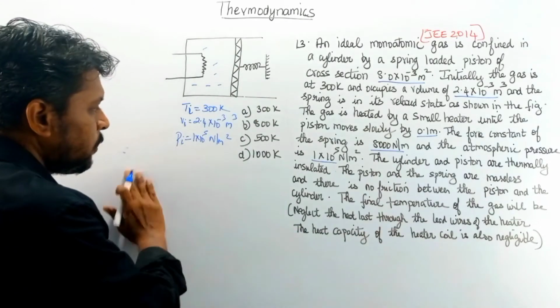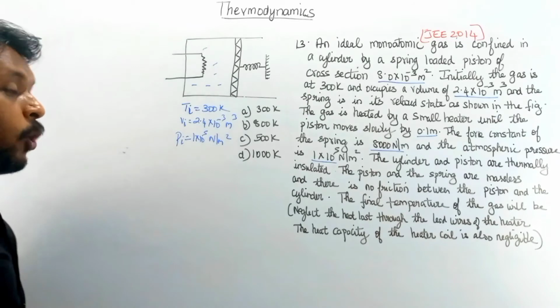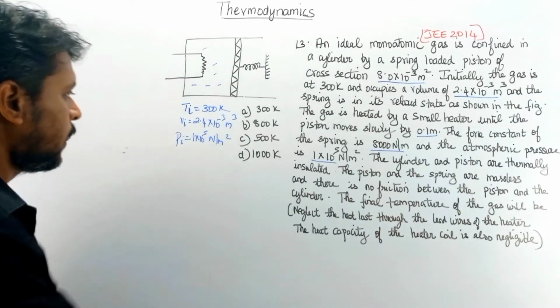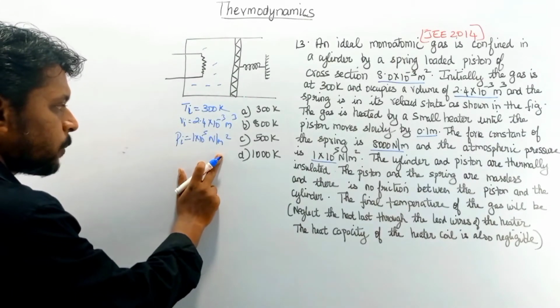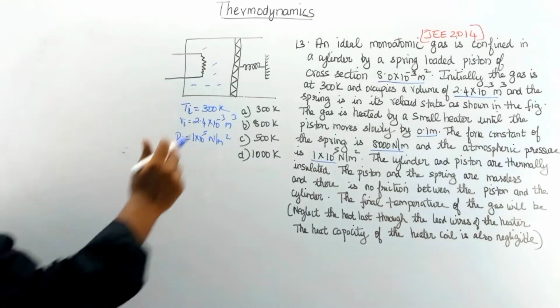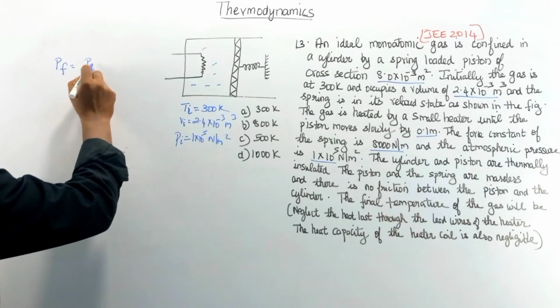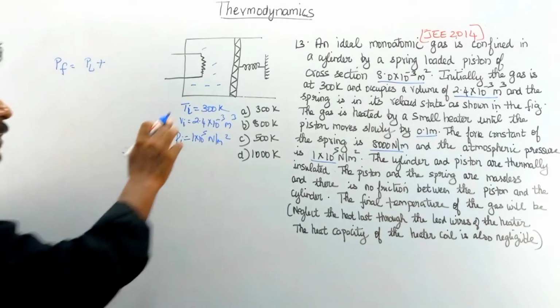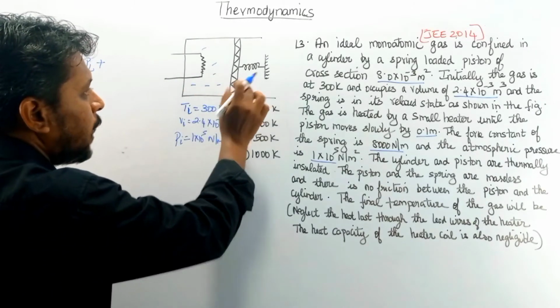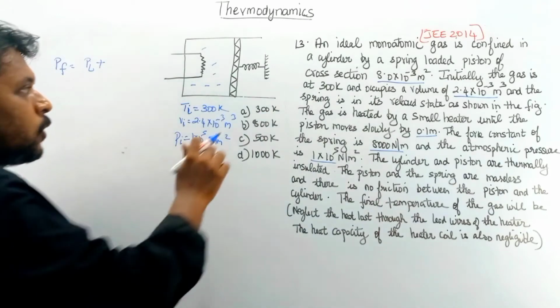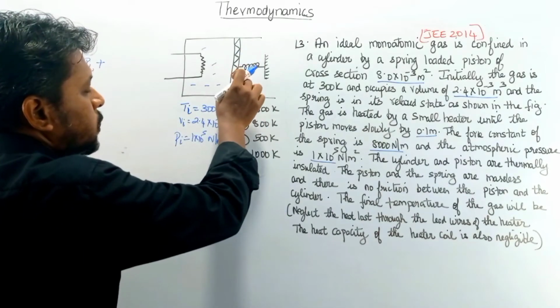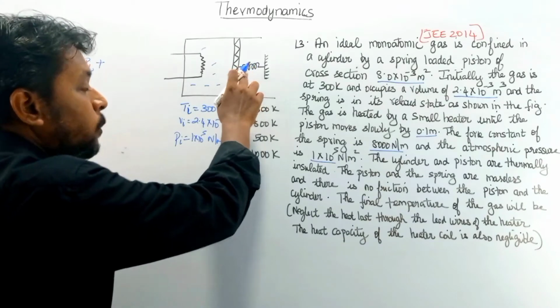Okay. So before finding the final temperature, we will find the values of pressure and volume. See that the initial pressure is atmospheric pressure. So what could be the final pressure? The final pressure will be atmospheric pressure plus something. As the gas expands, the piston moves by 0.1 meter, so the total force of the piston is supported by the spring.